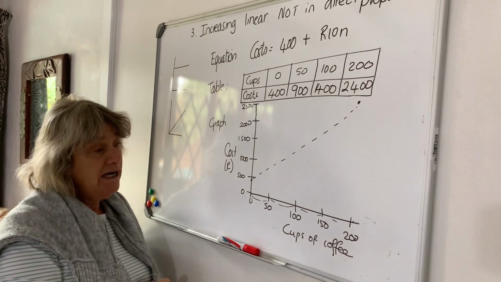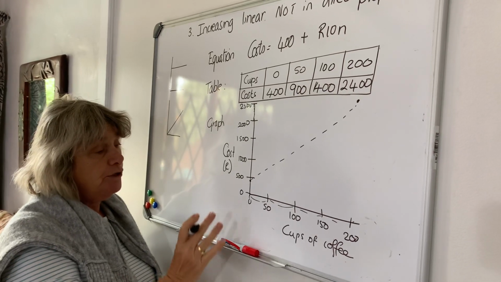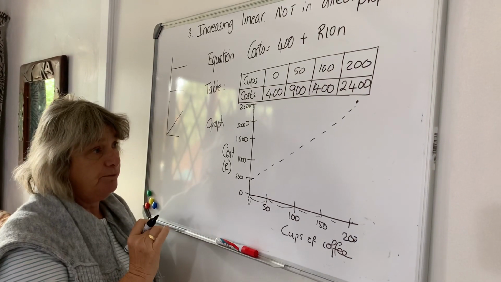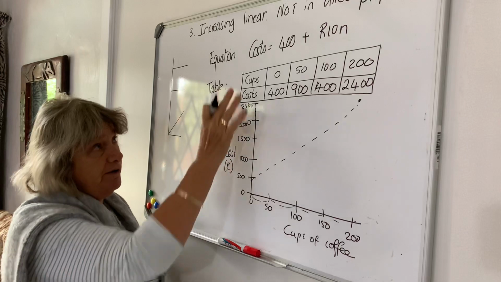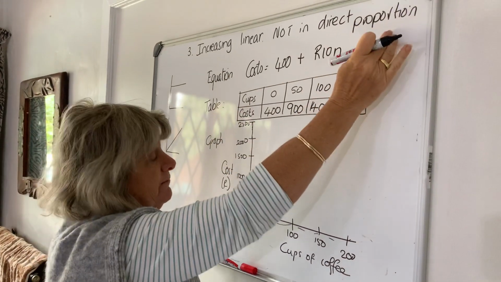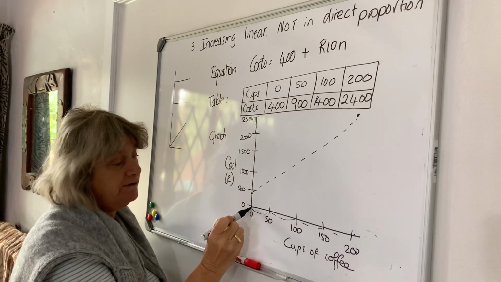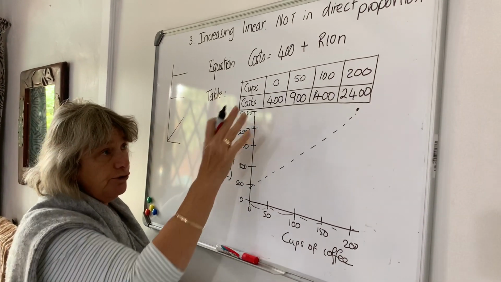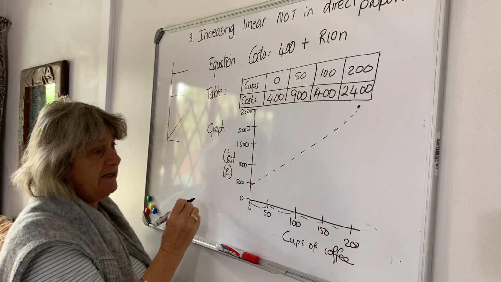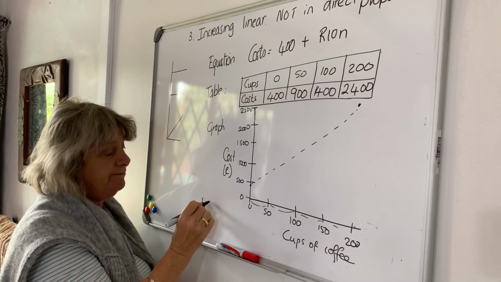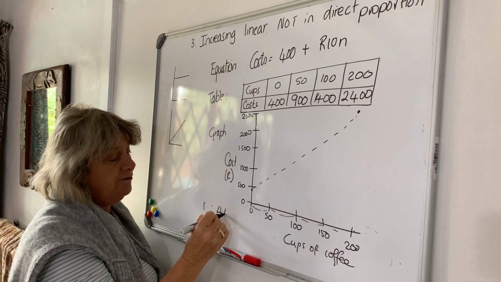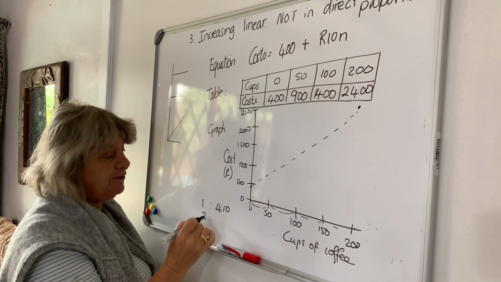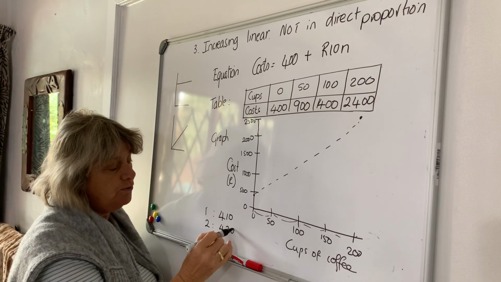And now, if we look at increasing linear, not in direct proportion, we'll notice our graph does not go through the origin. That is very typical. And also, the first point would be 1 cup of coffee would cost 410 Rand, 2 cups of coffee would cost 420 Rand.